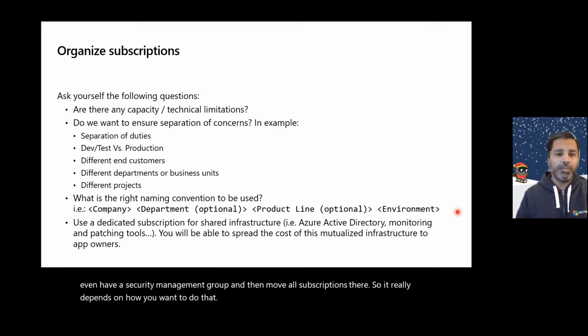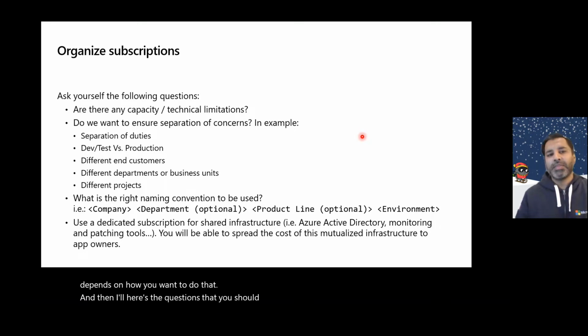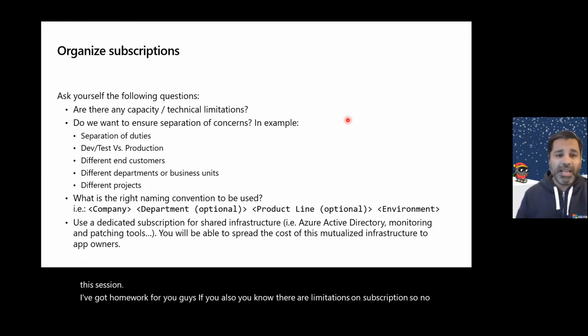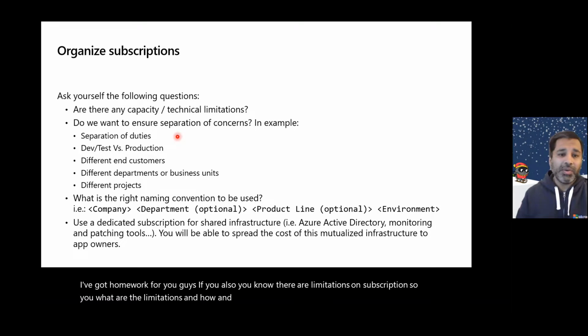And then here are the questions that you should be asking, and this is part of the exercise for this session. Got homework for you guys, if you will. There are limitations on subscriptions, so know what the limitations are, and define security or separation of duties.